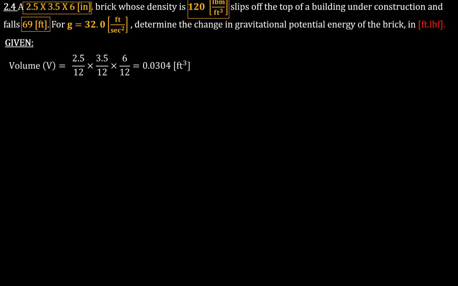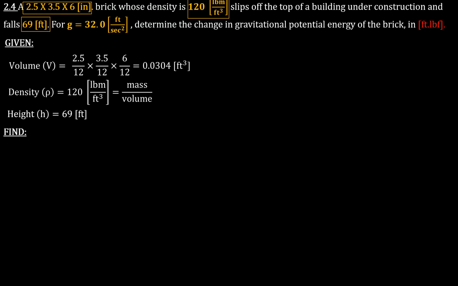When you plug this into your calculator, it will give you 0.0304 cubic feet. Density is 120 pound mass per cubic foot, and from the unit you can tell that density is mass over volume. The height is 69 feet.